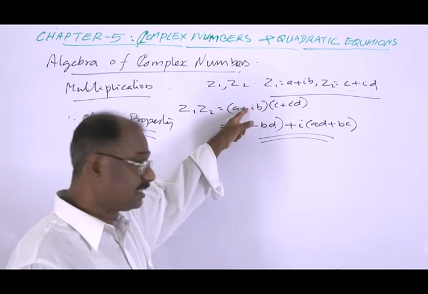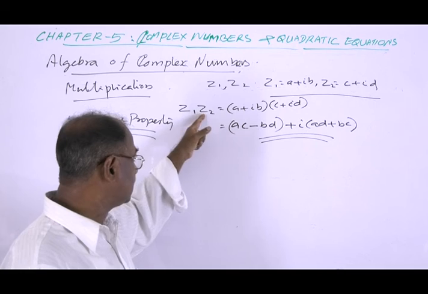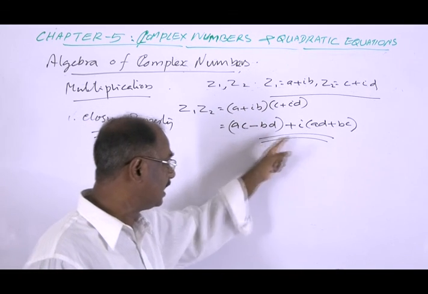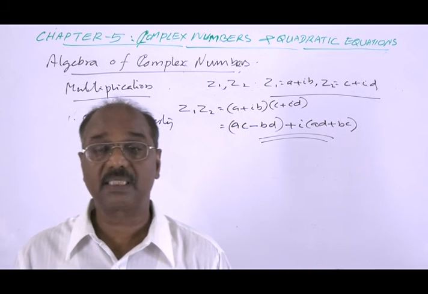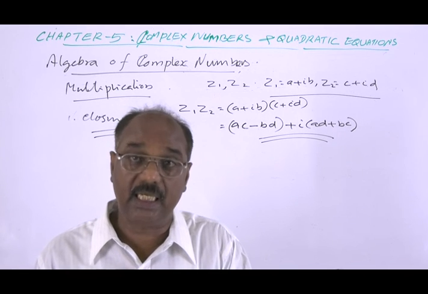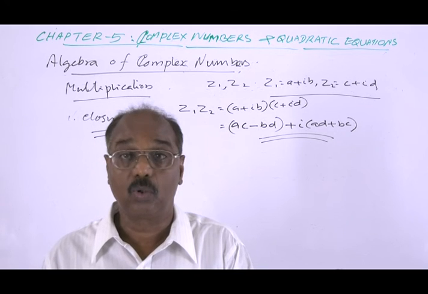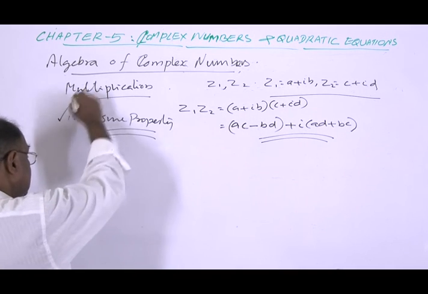By this definition itself we see that it is closed, because the product Z1 into Z2 is again a complex number, real and imaginary parts in the standard form. Hence the multiplication is closed. So closure property is satisfied.